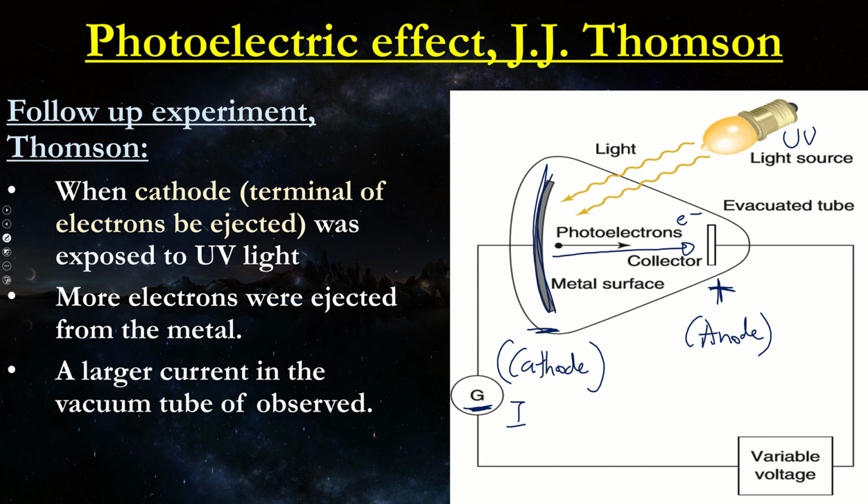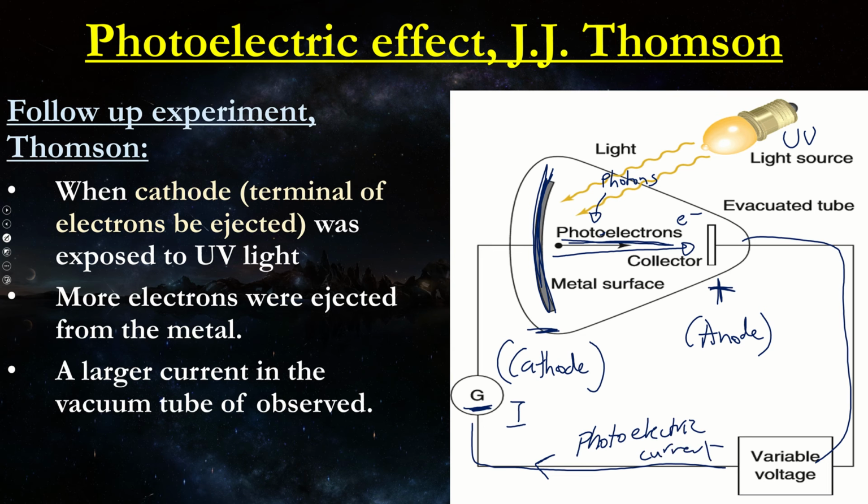The electrons that come out from this cathode, we coin them photoelectrons because they have been emitted by photons, so electrons that have been ejected from photons. When these are in the circuit and we get an electric current, we call this the photoelectric current.